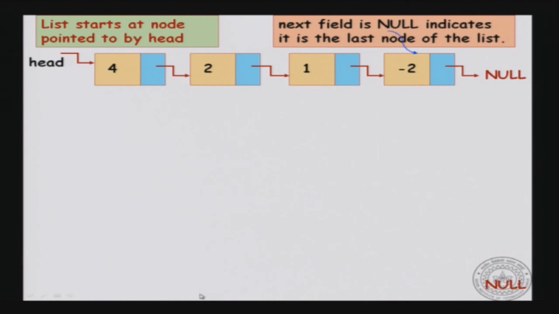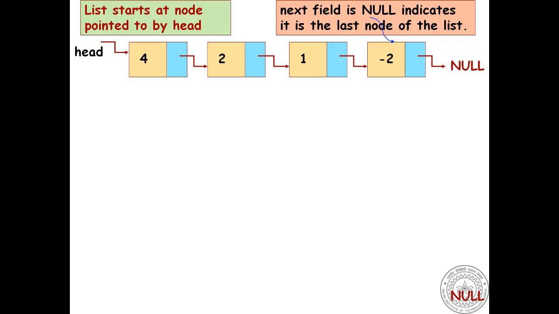The fact that the next field is null indicates that that is the last node in a linked list, and a linked list is always identified by its head, which is the pointer to the first node in the linked list. Once we reach the first node, we can travel the list by using just the next links.